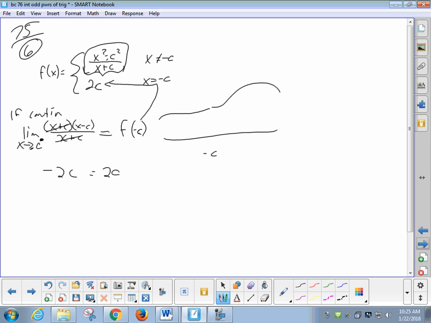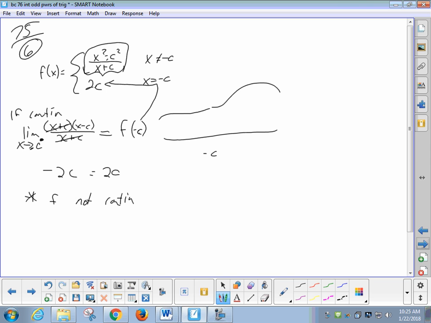This, to me, is a fault in the question. Could they equal each other? They could if c was 0, which they don't say. So to me, a perfect answer would be if c is 0, then it is continuous. But if c is not 0, then it is not continuous. And I think that was their intention. F is not continuous.